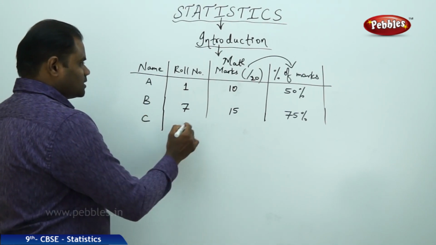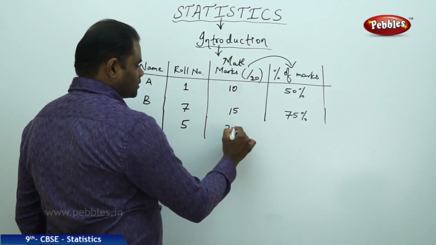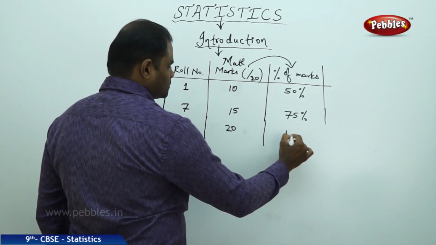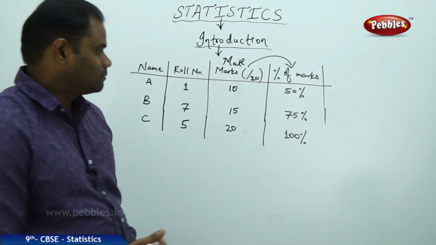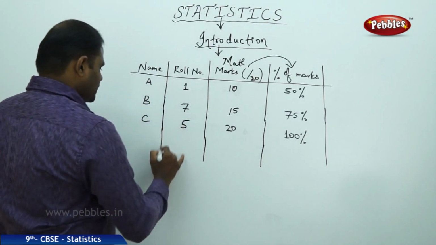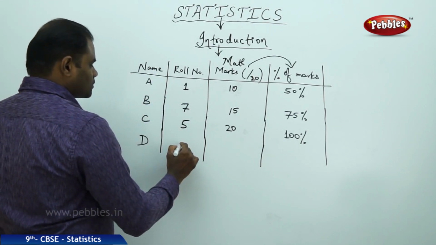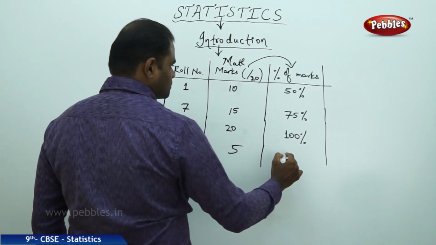Say I take student C with roll number 5 and they got 100%. And finally, I take student D, roll number 3, got 5 marks.